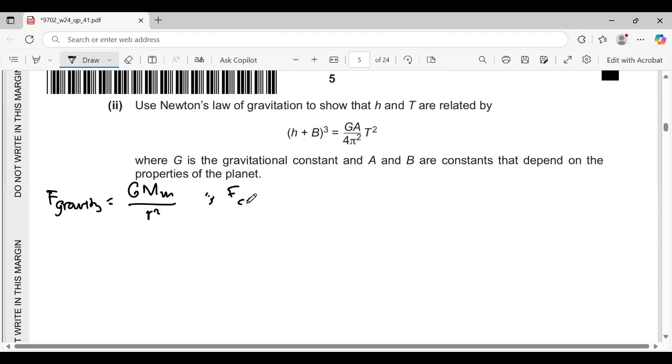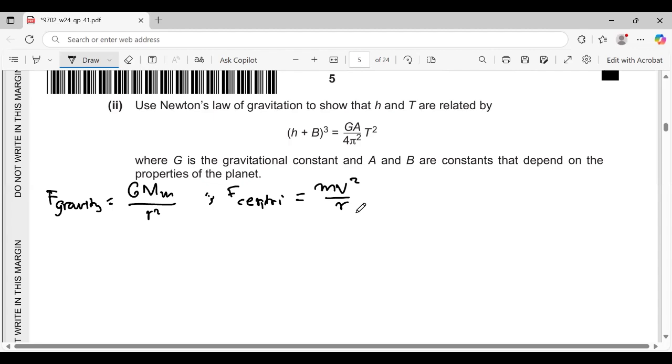After that, the centripetal force required for circular motion, we can write as F centripetal equal m v squared over r. v is the orbital velocity of the satellite. Next, for a circular orbit, the gravitational force provides the necessary centripetal force.